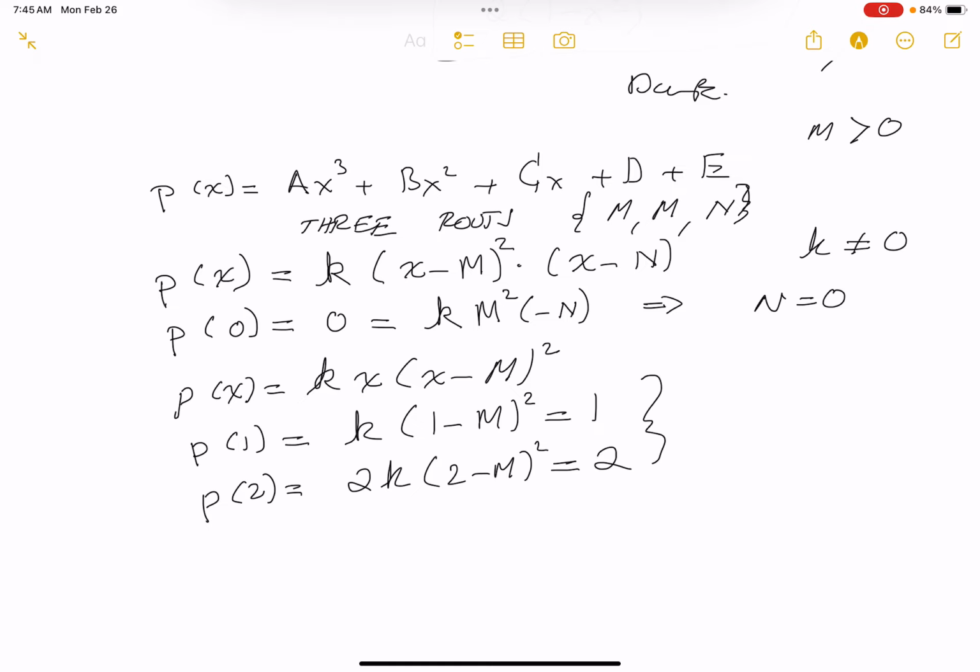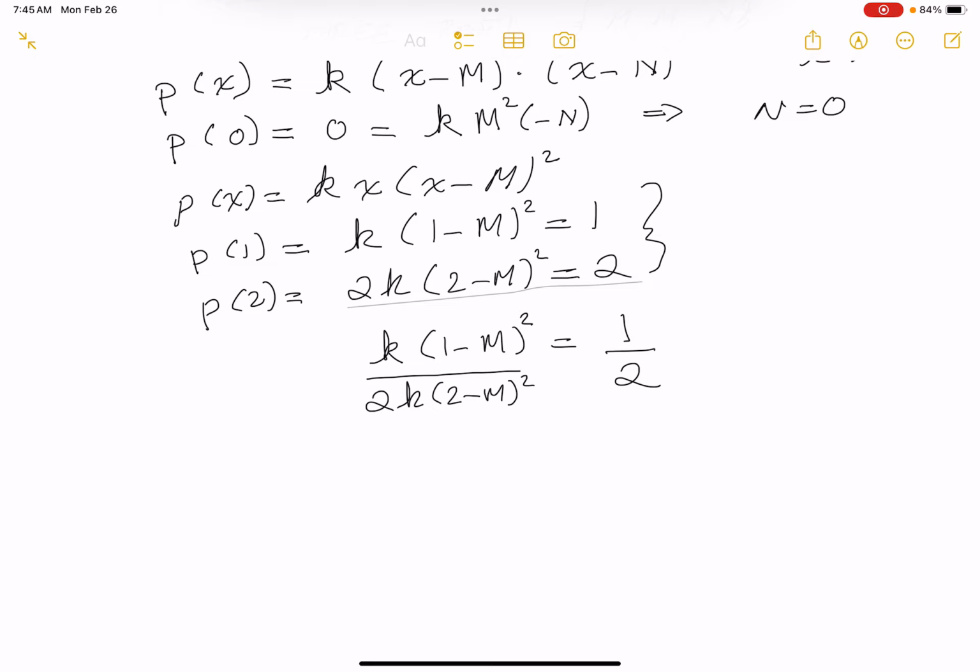Now this is 2 equations, 2 unknowns. All right, I'm going to look at that. And certainly you can expand that if you want, but I'm going to do a division. I'm going to take the P of 1, which is k times 1 minus m squared is equal to 1, and divide it by that second equation, which is 2k times 2 minus m squared is equal to 2. All right?